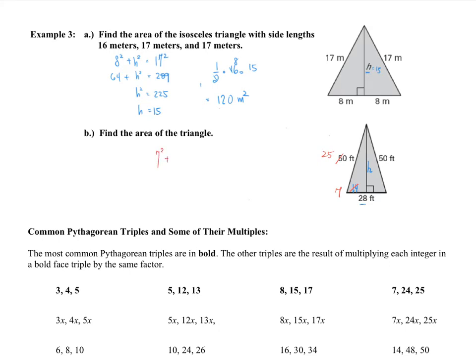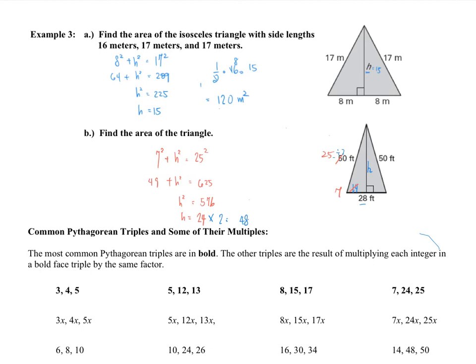7 squared plus h squared equals 25 squared, 49, 625, h squared equals, we have 576, so then h would equal 24. And then we have to take 24 and multiply by 2 back, because we divided by 2 here.